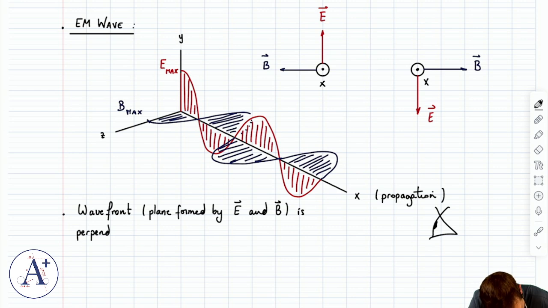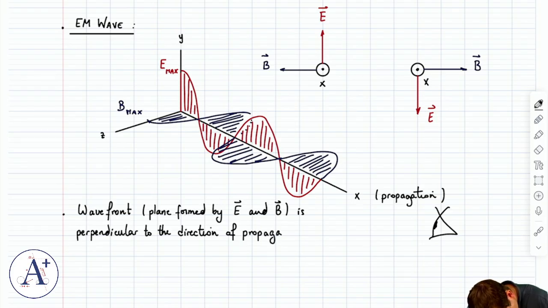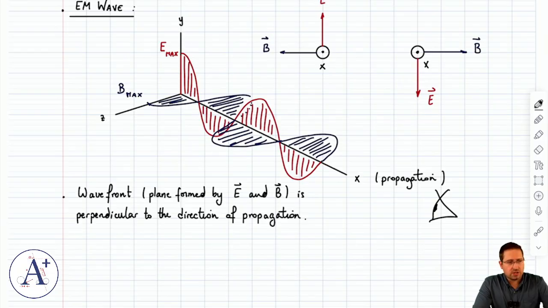We said that before, so let's write that down because that's an important property. And therefore, not only are E and B perpendicular to each other, but they're also perpendicular to x at all times. Now, how fast might a wave like this propagate in the x direction?